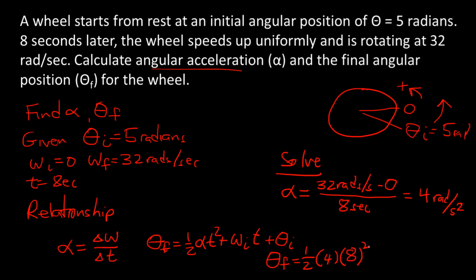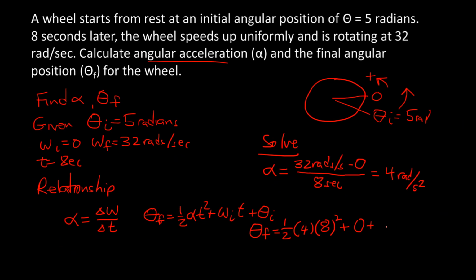Eight seconds squared plus my initial velocity 0, don't have to worry about that, times time, and then plus my initial position 5 radians. We'll add this all up together. So I have 8 squared, 64 times 1/2, that's 32 times 4.